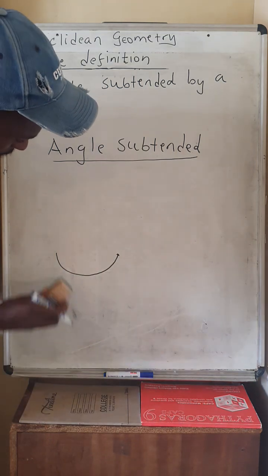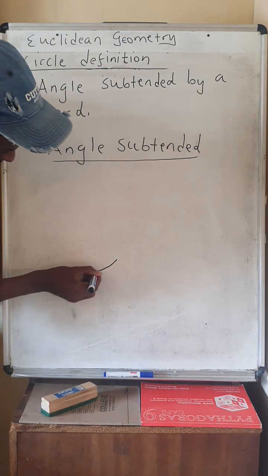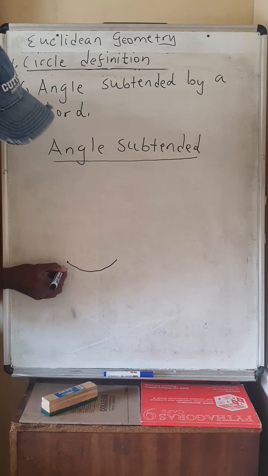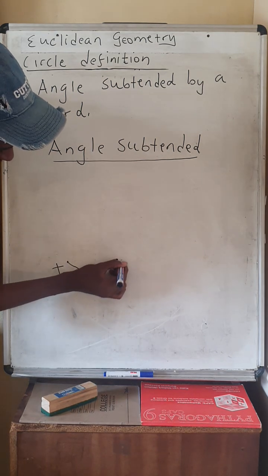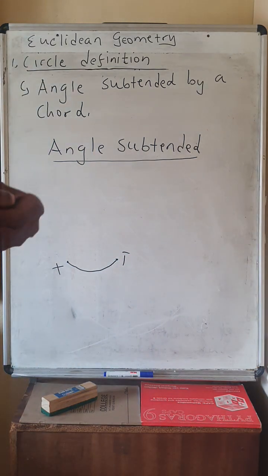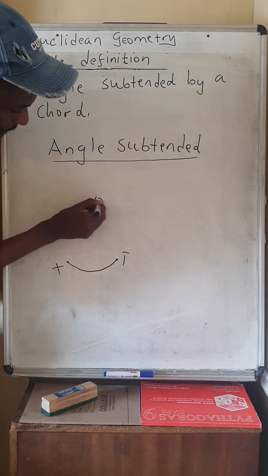Okay, it's not perfect. Let me have something convincing. Yeah, something like this. Let me say this is X. Let me say this is T. So this is minor arc XT. And then I want this arc to subtend angle B.